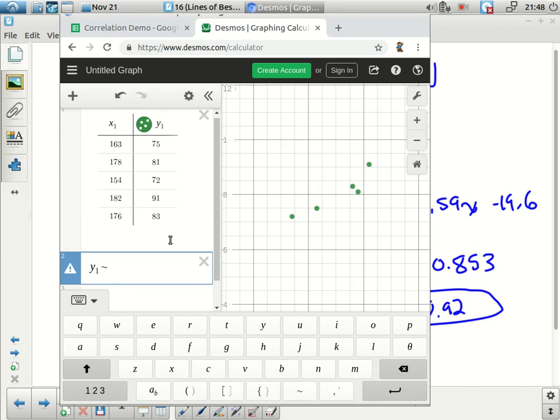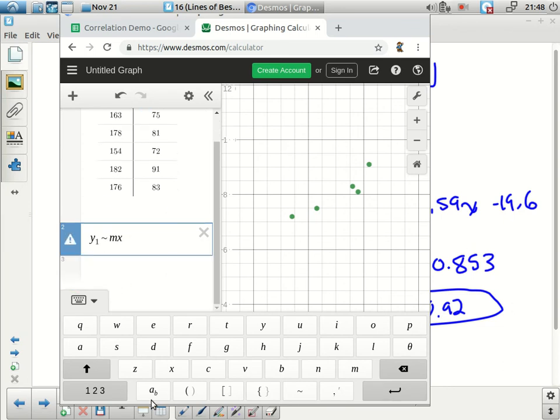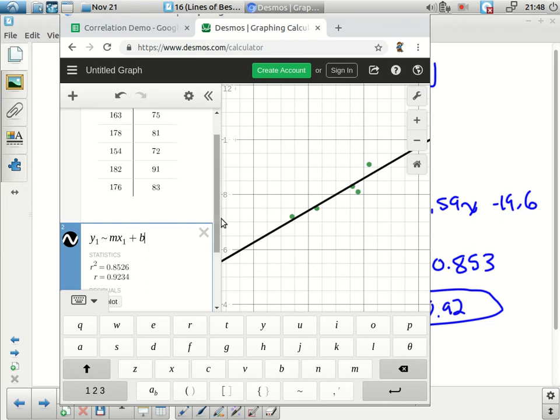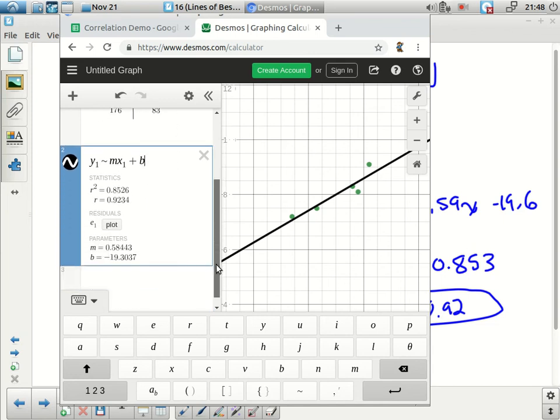So for example, if I was doing a line, right, that's your kind of y equals mx plus b. So I type m, okay, x. Now I have to do x1, right, again to connect it to what's there, and then plus b, okay. And you can see underneath, it's put out all that information that I had before, right? There's my r squared, right?